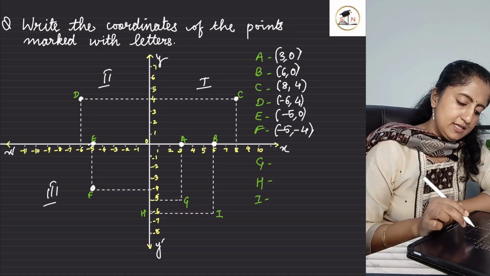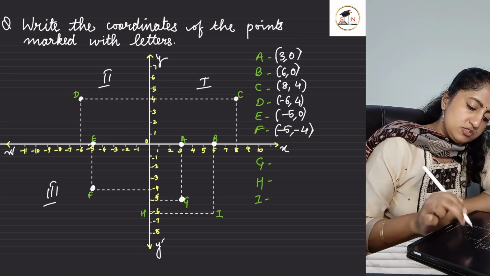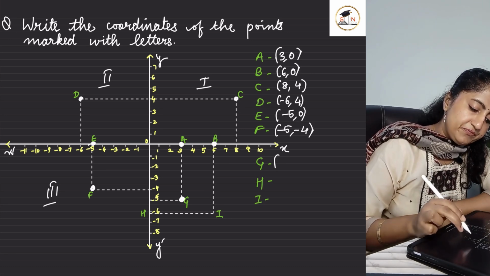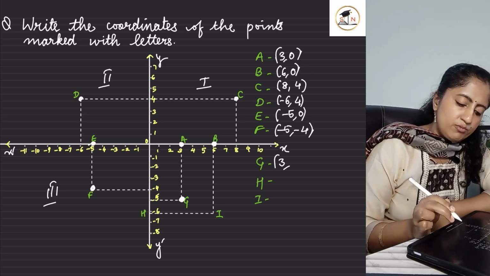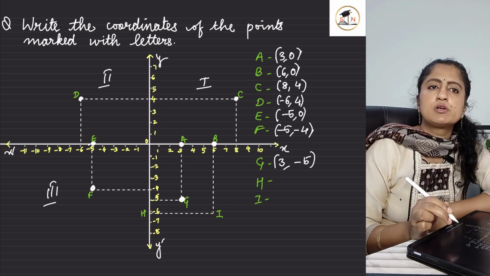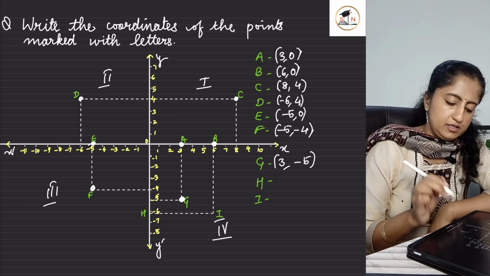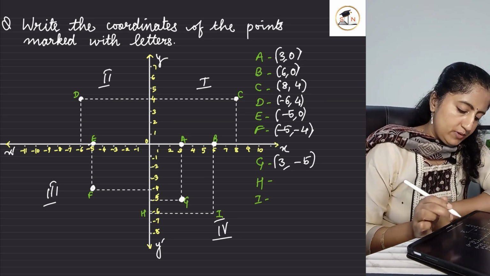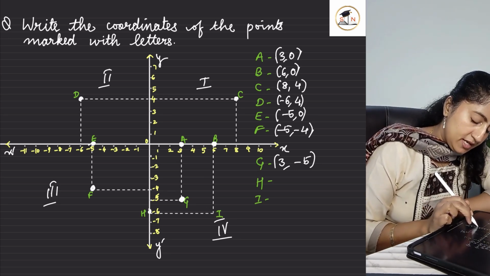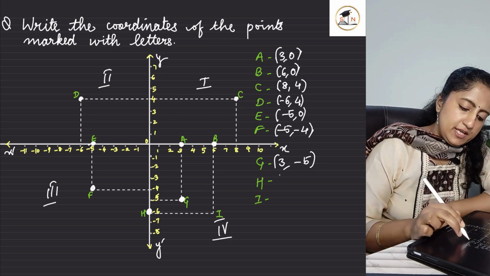Okay. Then next is G. G is here. So what is the x component for G? It is 3. And what is the y component for G? -5. It is lying in which quadrant? Fourth quadrant. Okay. Next, H. Where is H? H is here on the y-axis. So what are the coordinates for H?